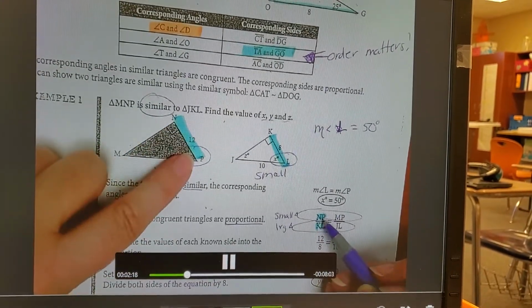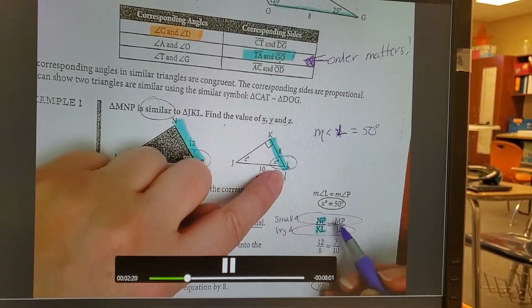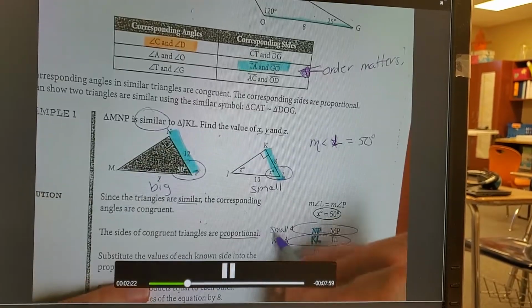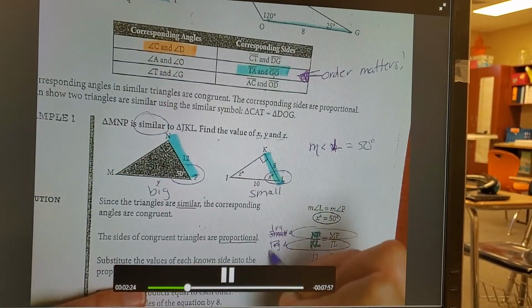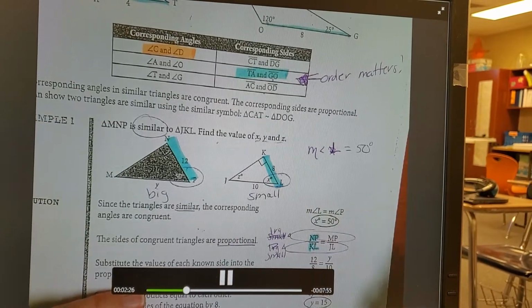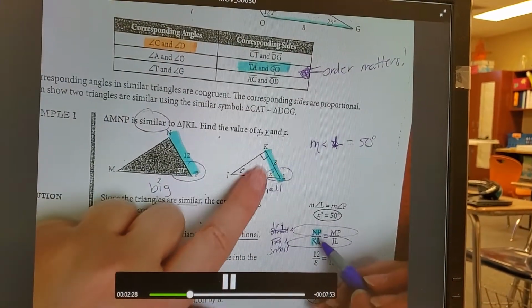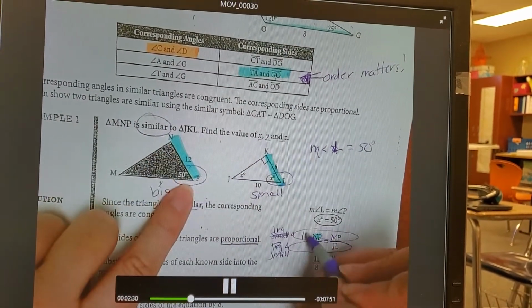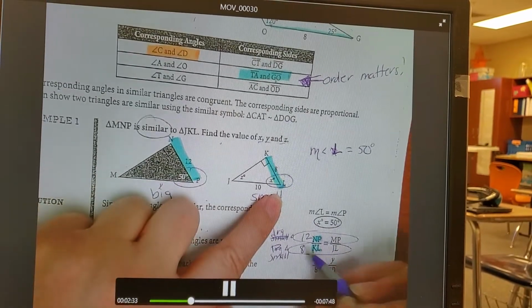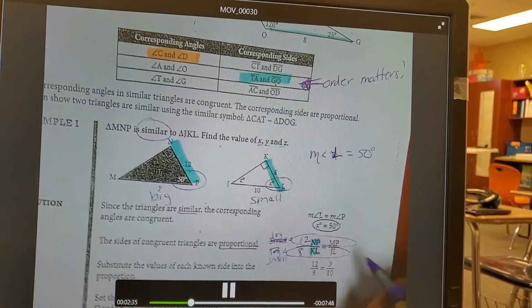Actually, we need to switch those around. NP is the large and KL is the small. So let me fix that real quick. So NP on the large is 12. In the same matching spot, KL is 8.